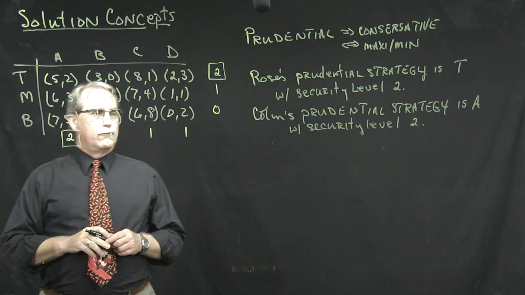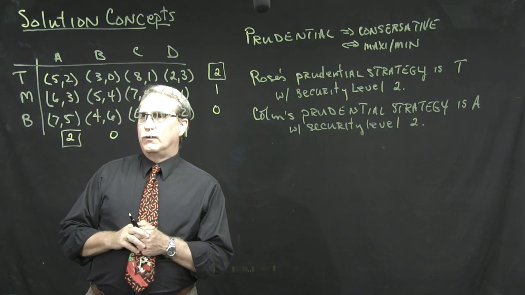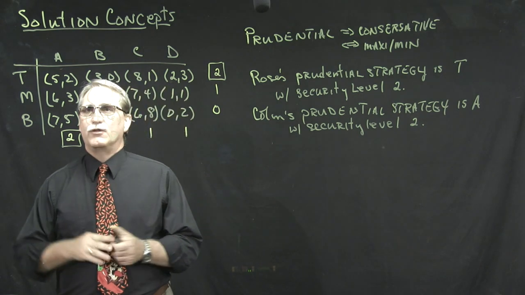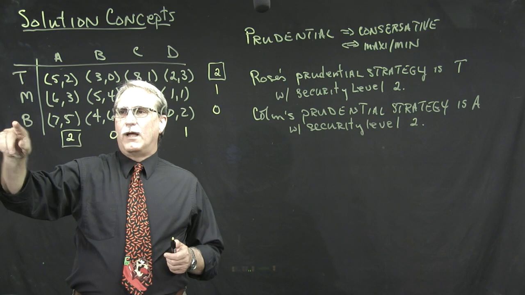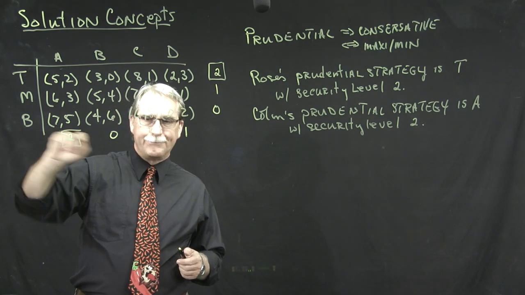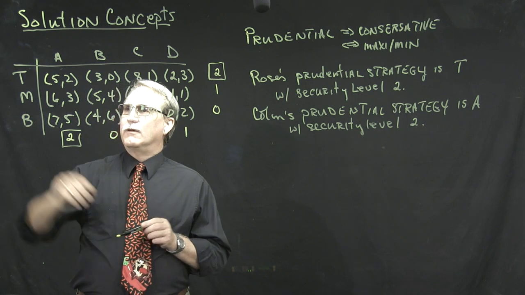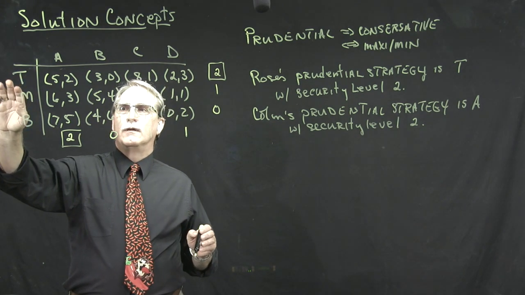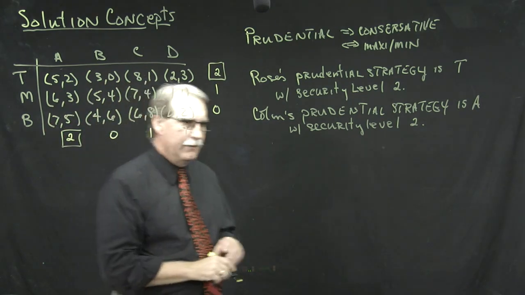But if Rose looks at Collin's choice of strategy and says, well, he's going to play his prudential strategy A, instead of playing top, I'd rather play bottom and get a payoff of 7. Colin says, well, if Rose is playing top, instead of getting a 2, I ought to play D so I can get a 3.